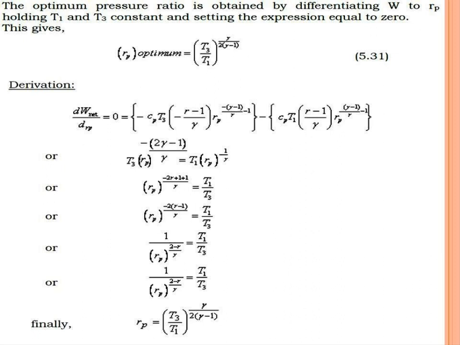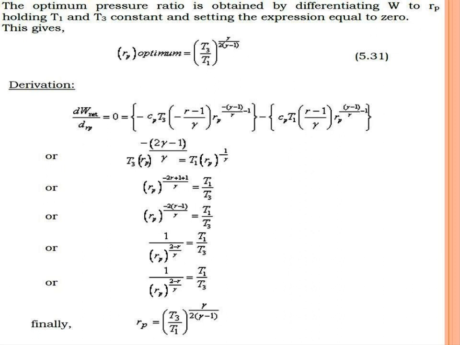Again I am repeating, our task is to find out the pressure ratio for which the net work available from the turbine is maximum. So the exercise now is to find out the value of the optimum pressure ratio for which the net work available is maximum.